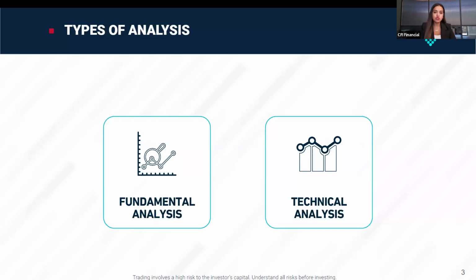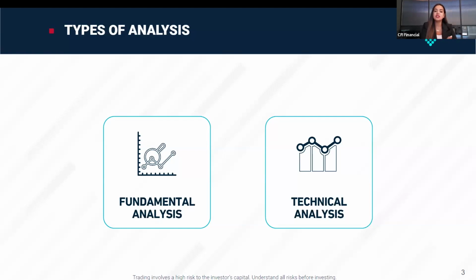We have two types of analysis, fundamental analysis and technical analysis. Fundamental analysis, as I just mentioned, is analyzing any factor that can have a direct impact on the market, whether economic factors, geopolitical factors, or any indicator, for example, any news that can have a direct impact on the market.